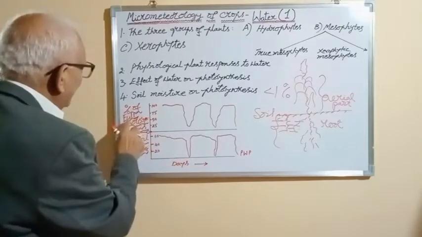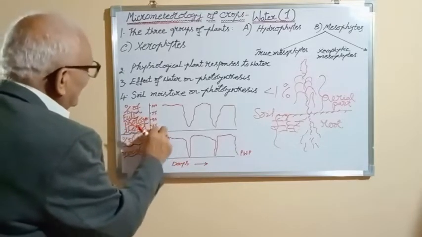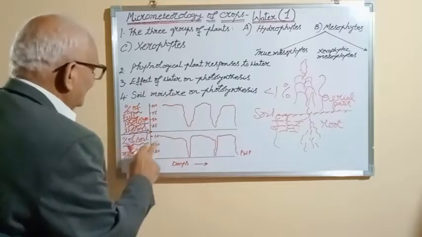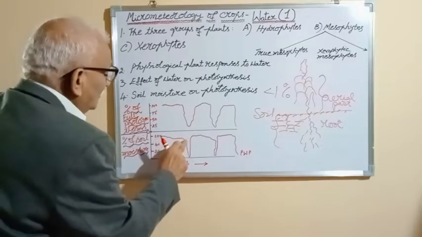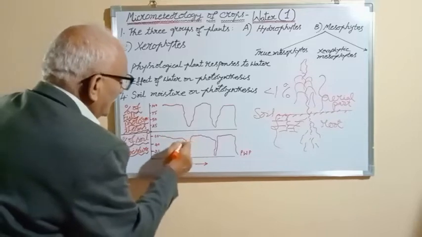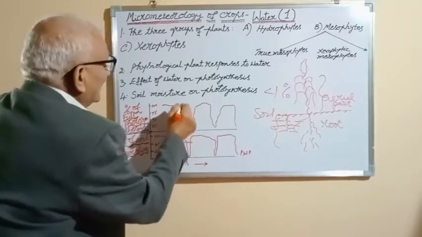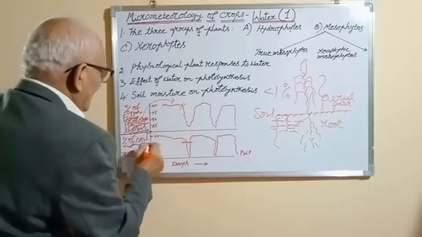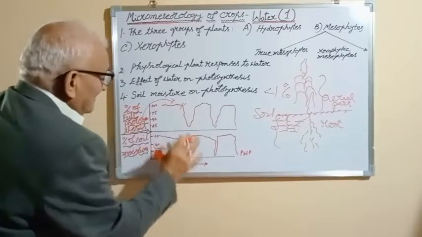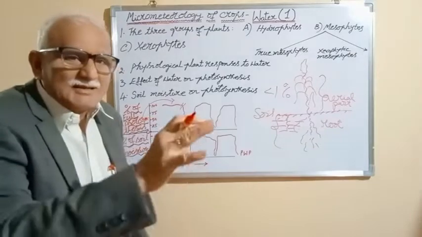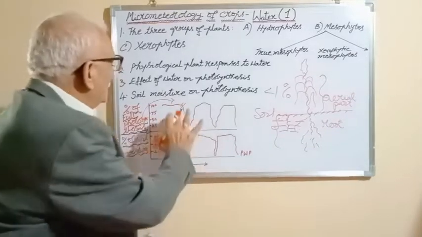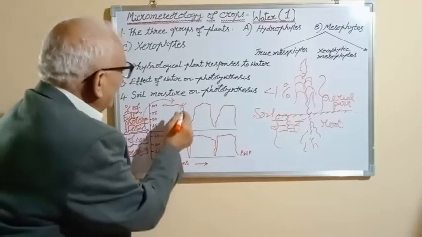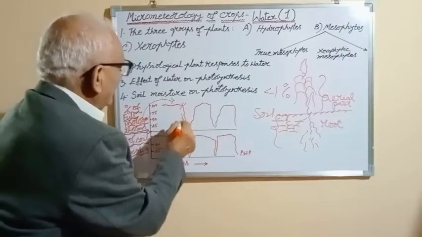This is percentage of photosynthesis 25, 50, 75, 100. Now see, up to 40% depletion of soil moisture, there is no decline in photosynthesis. Up to 40% of the depletion of soil moisture, there is no decrease. Once it increases from 40% to 60%, the photosynthesis is sharply decreased.